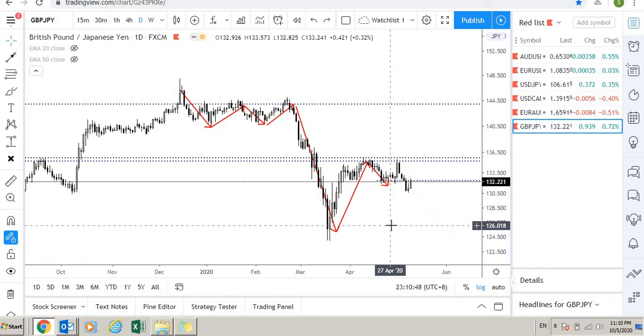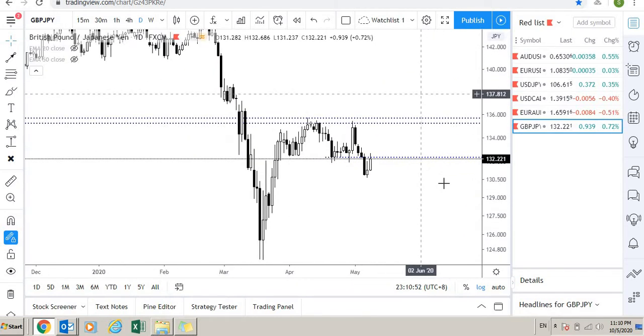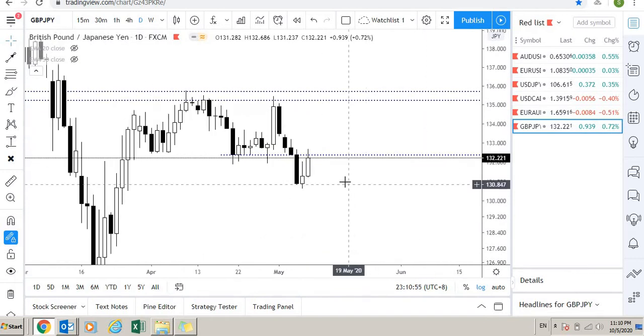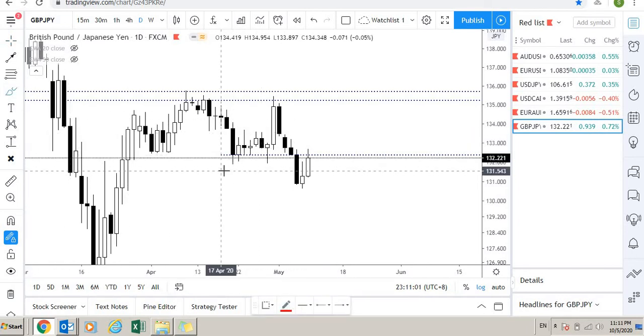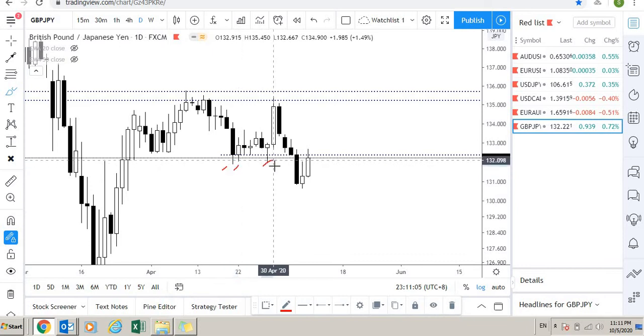So we have a short bias on this pair, and the price last Friday pulled back into a previous support turned resistance, and this resistance looks quite strong, as I can see multiple rejections in the past 2 weeks.